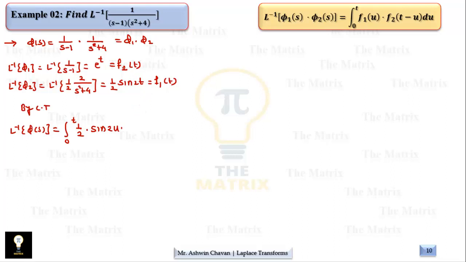So f2 we have taken e raised to t, that will be e raised to t minus u du, and this can be taken as half of. Now e raised to t minus u can be written as e raised to t into e raised to minus u. In that, e raised to t is constant with respect to u, so it can be taken outside, so it will make our calculation even easier. So this is e raised to minus u sine 2u du, and now this integral is our target to solve.